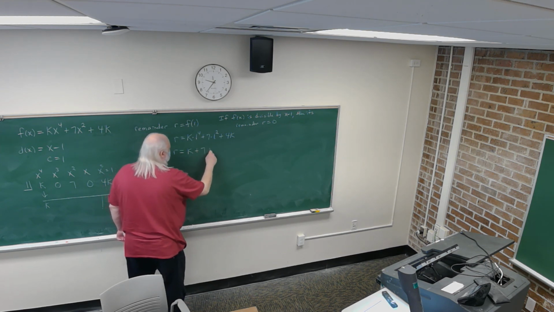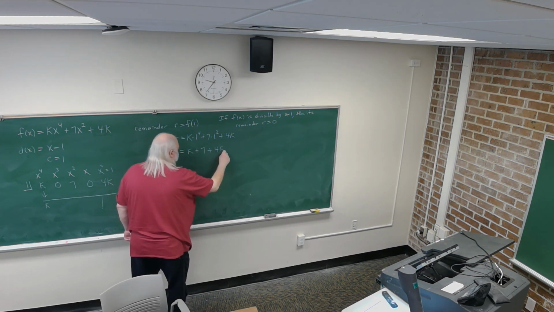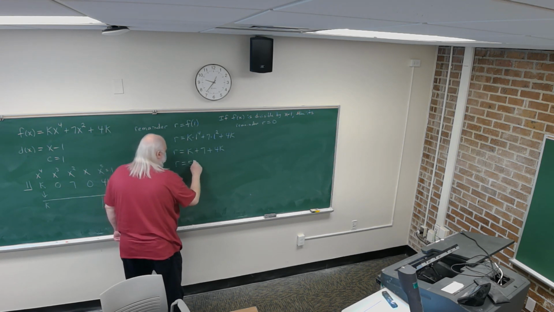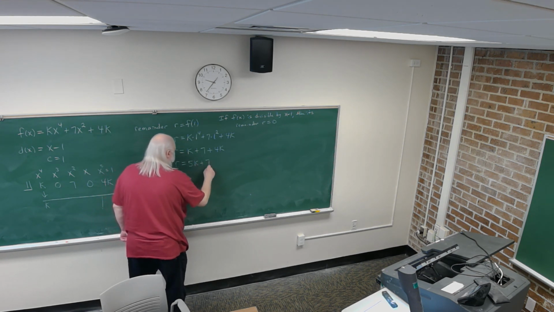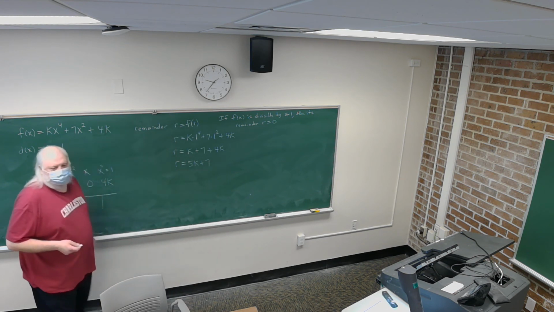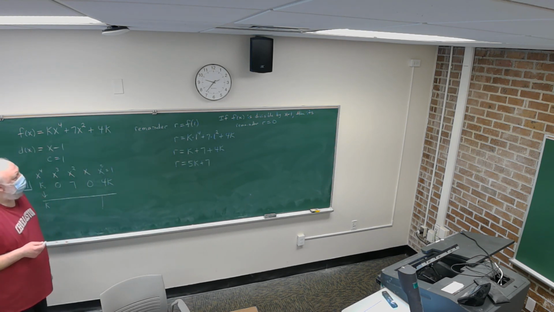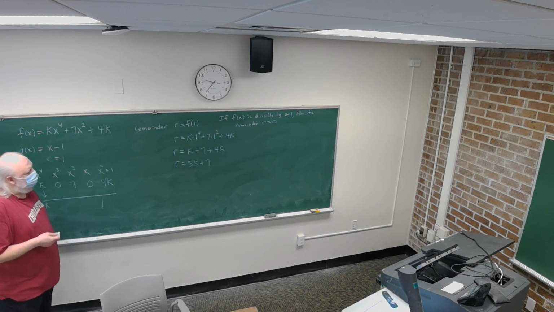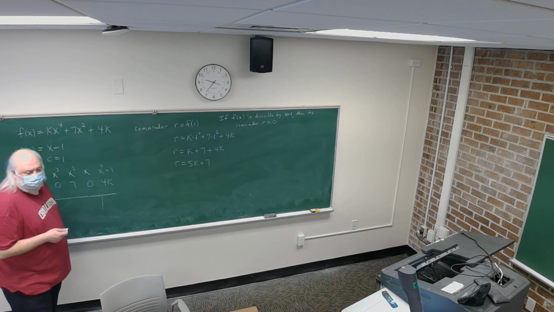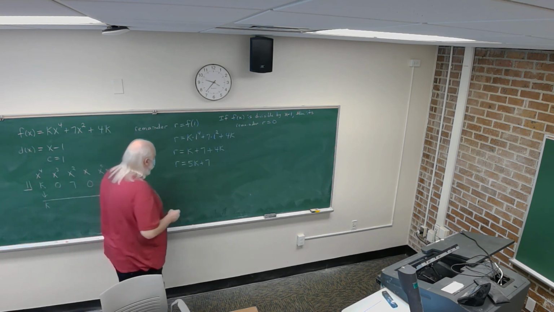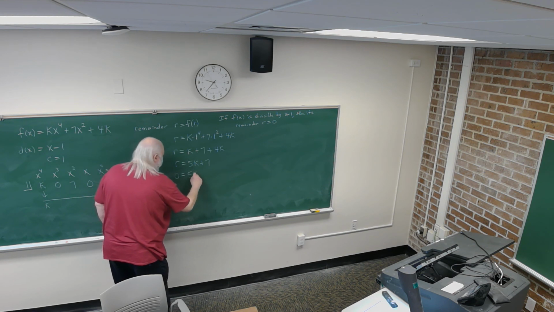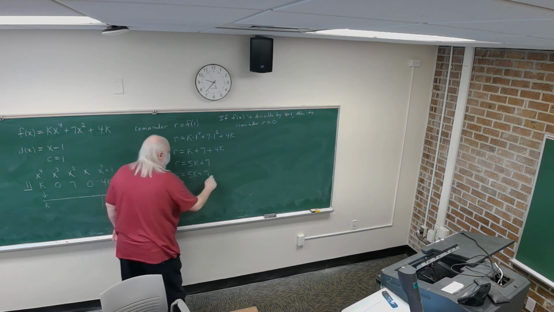And then we have plus 4k. So the remainder r is equal to 5k plus 7, depending upon the value of k. In order for f of x to be divisible by x minus 1, the remainder r has to be 0. So we replace r with 0, and then we solve for k.